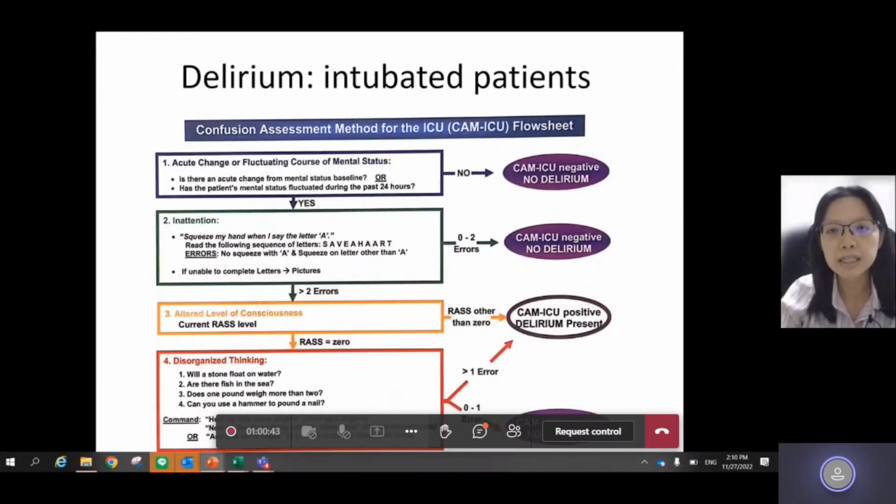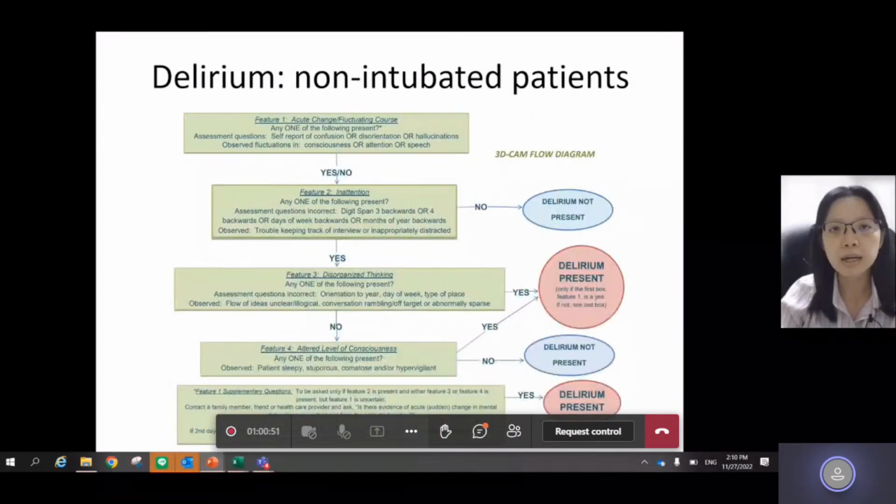In intubated patients, we can use the CAM-ICU flow chart to diagnose delirium. For those who have been extubated or are non-intubated, we can use the 3D-CAM flow diagram to find out the patient who had delirium after the operation.